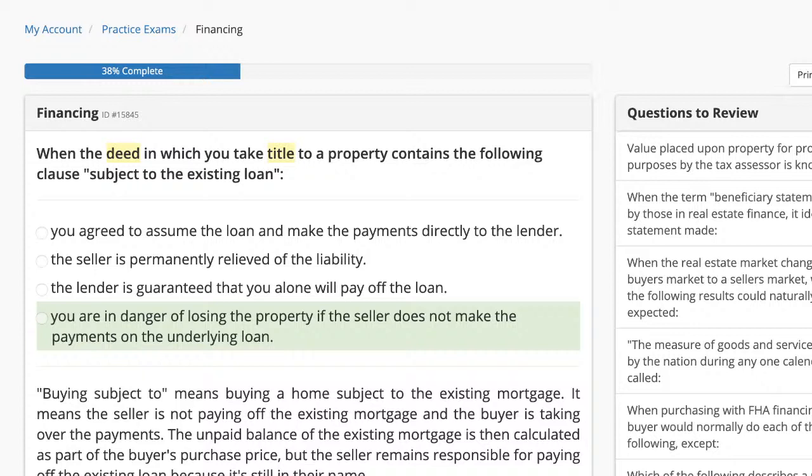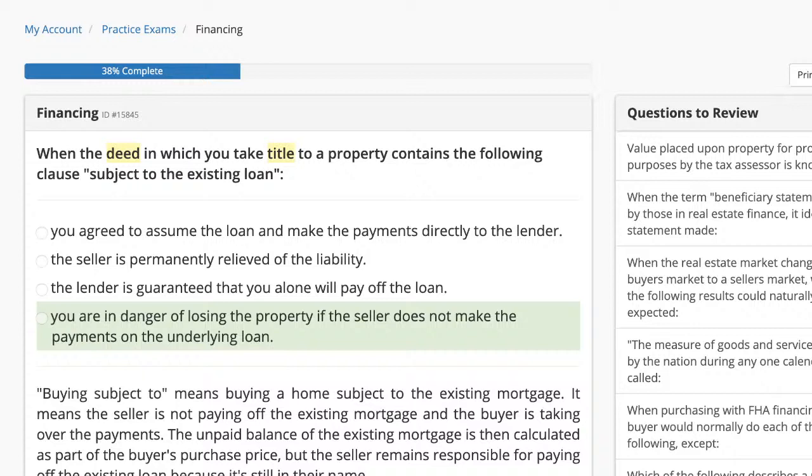So you've got subject to and assume. When we talk about finance and we hear the words assume and subject to, everybody write this down for me. This will help you pass. Assume, buyer liable. Subject to, seller liable. I'll say that again. Assume, buyer liable.